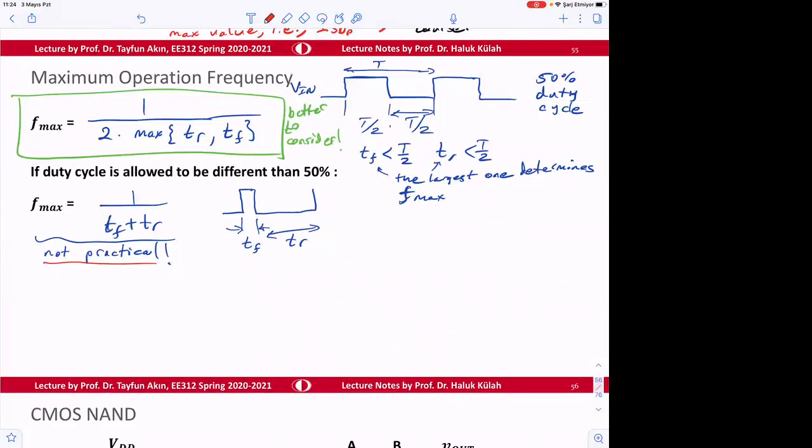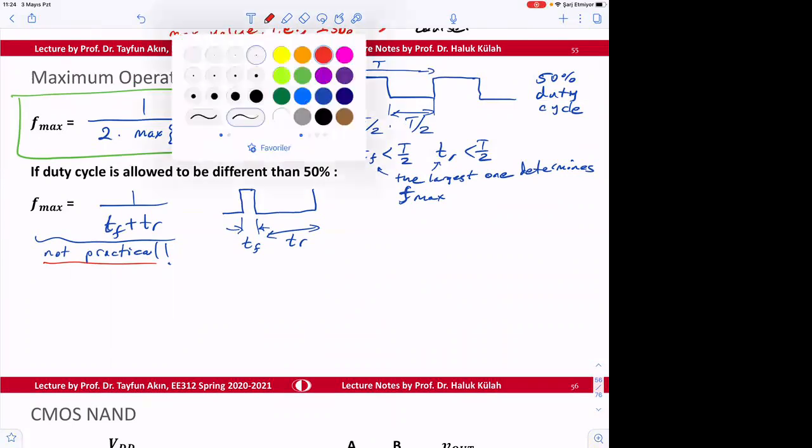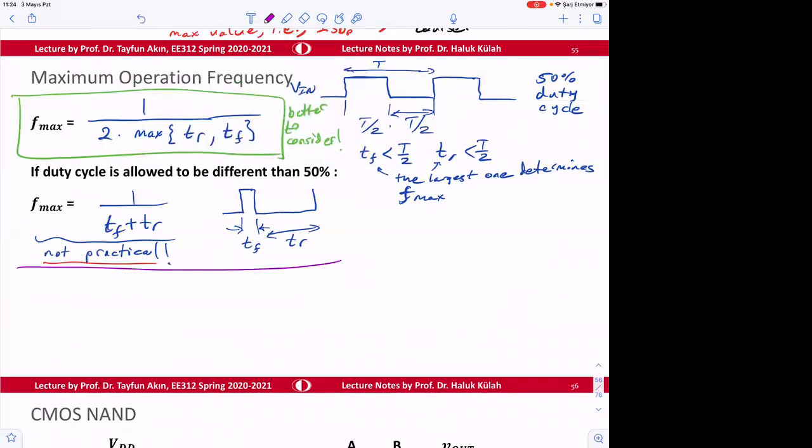So maybe we can just write the advantages of this CMOS into this space. The advantages of the CMOS logic gates or technology.